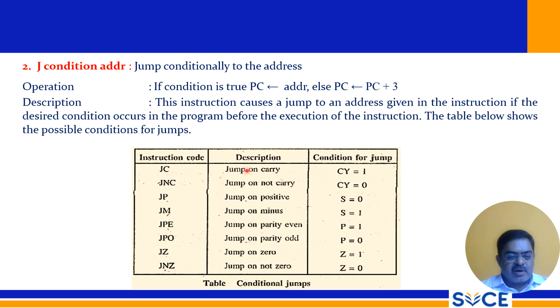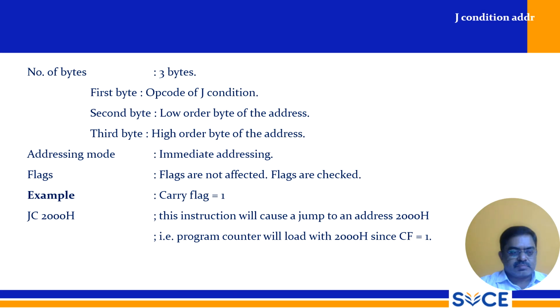Upon these conditions, this jump condition address will work. It is 3 bytes. The first byte is the opcode of J condition, the second byte is the low order byte of the address, and the third byte is the high order byte of the address. It also comes under immediate addressing mode.